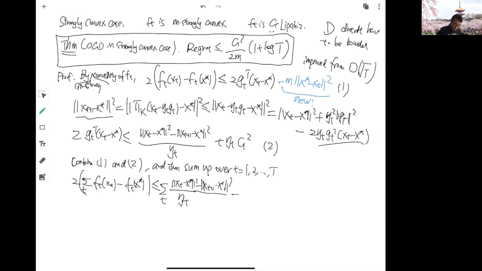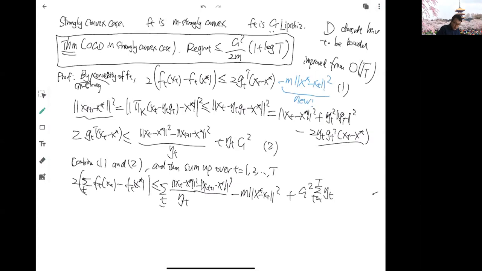So minus m, right? And lastly, we have a G squared times the sum over i from 1 to t of eta t.